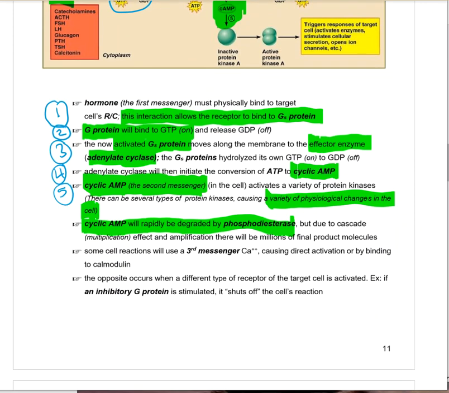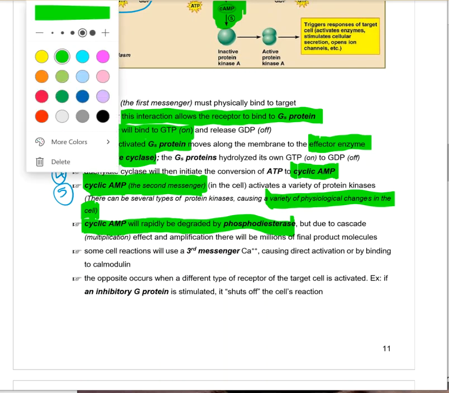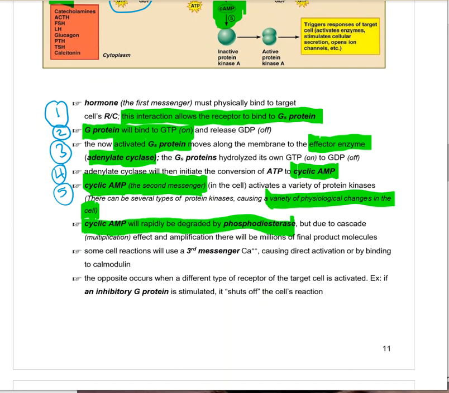Now, one other note, and I'm going to put this in a different color so we keep it separate from the original one. Some cell reactions even use a third messenger, and that third messenger is calcium. And it will bind to calmodulin, which is a receptor protein.